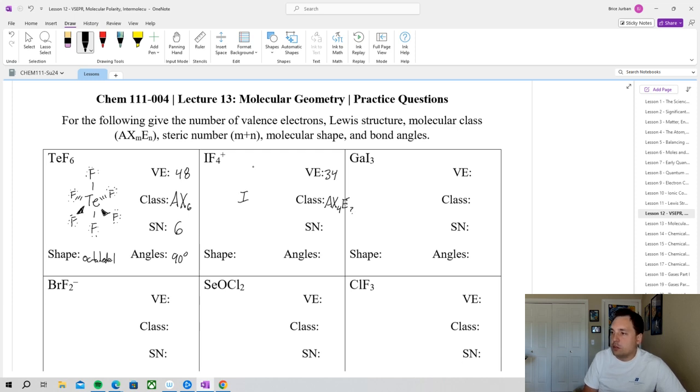Well, when I do these ones, I know that fluorine is going to have an octet. And since there's 4 of them bound to the central atom, I know that I have to have at least 8 times 4, or 32 electrons. That's going to leave me with 2 electrons left over. So in that case, it has to have 1 lone pair. So this will be an AX4E class, just based off of that quick, mental math that I'm doing in my head.